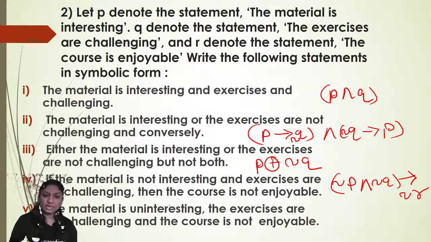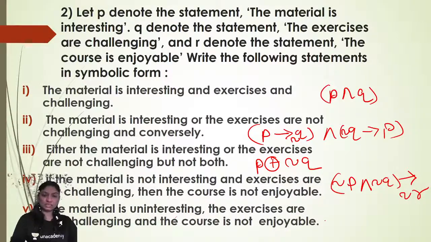Now, the material is uninteresting, it means not interesting. The material is uninteresting, the exercises are not challenging, and the course is not enjoyable. Here, since nothing else is given, it means and.